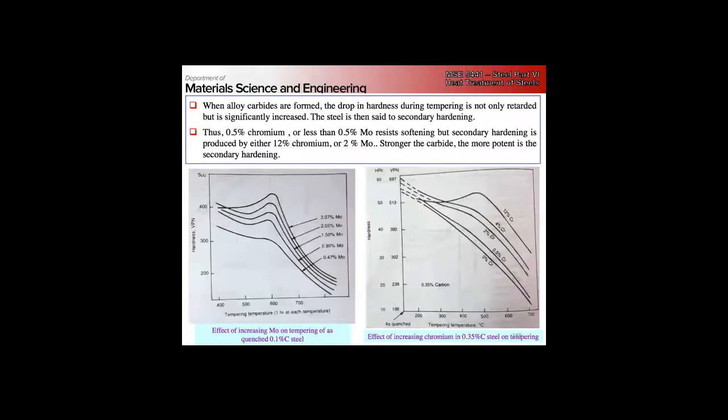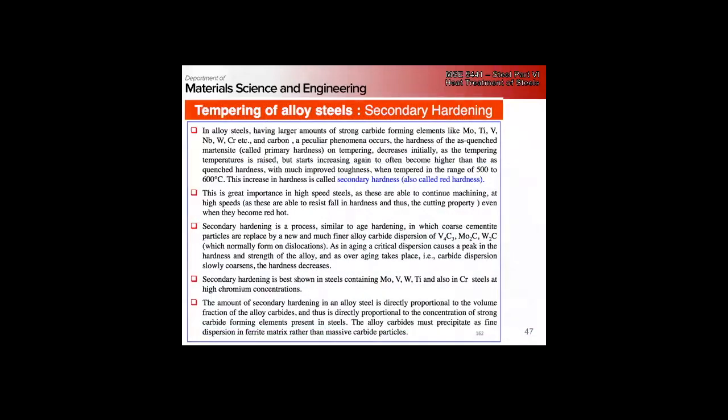So, depending on the system, in molybdenum, we get a softening. Then as the carbides form, we get a hardening again because of the dispersion. Sometimes this is called red hardness, right? This happens in high-speed tool steels, right?